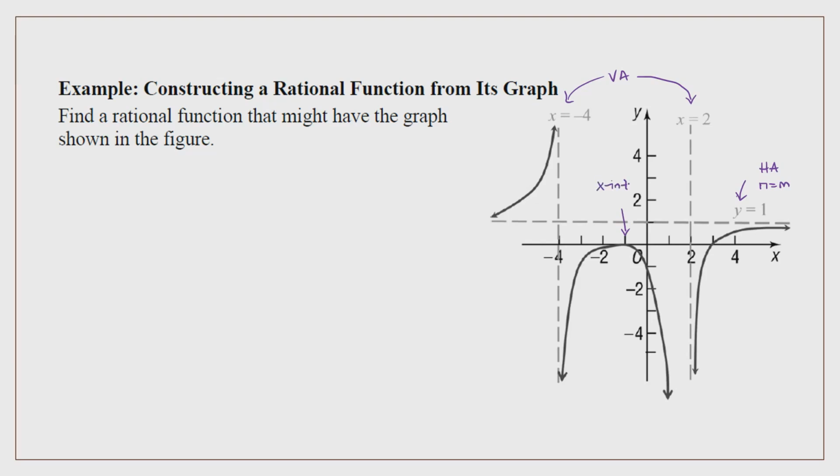We know this x-intercept is going to have a multiplicity that is even, and we know it's going to be even because it touches the x-axis. We also have an x-intercept right here, and this multiplicity is going to be odd because it crosses the x-axis.